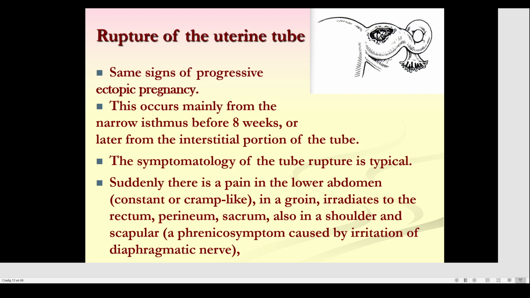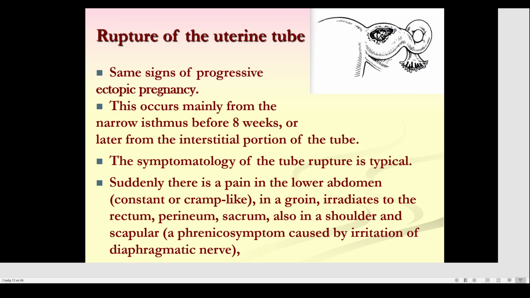When we speak about interrupted tubal pregnancy, clinical signs will be seen as in progressive ectopic pregnancy, but plus some additional signs. This occurs mainly from the narrow isthmus before 8 weeks of pregnancy, or later from the interstitial portion of the tube.